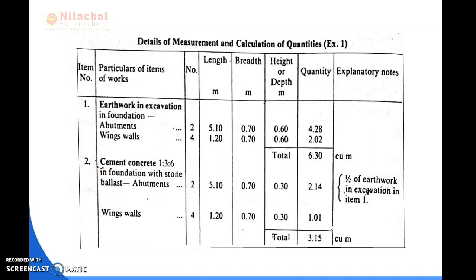So the earthwork excavation is done for the abutment and wing wall. Normally, in an RCC slab culvert, 2 numbers of abutments and 4 numbers of wing walls are provided. Here, the number is 2 for abutment and 4 for wing wall. Then length, breadth and height are provided.